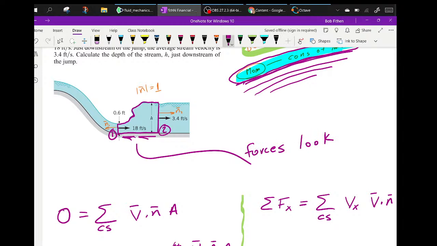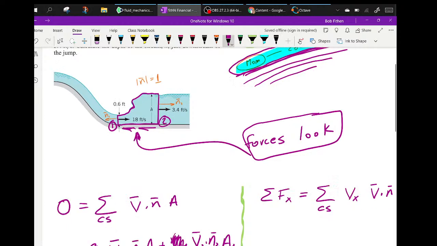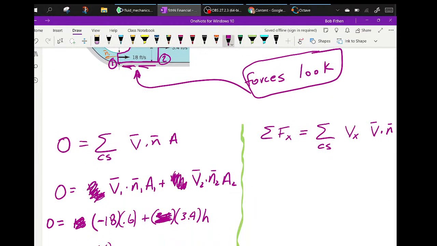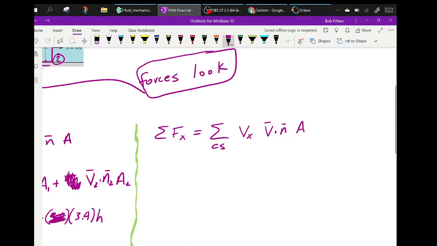Now, this is my mindset when I started this problem. I immediately started thinking about a particular way, and I started thinking about these forces, and that's what led me to make this mistake of including this Vx. However, let's look at this from a momentum viewpoint.